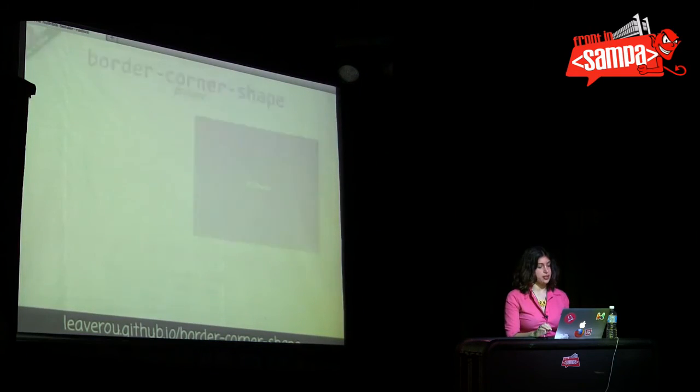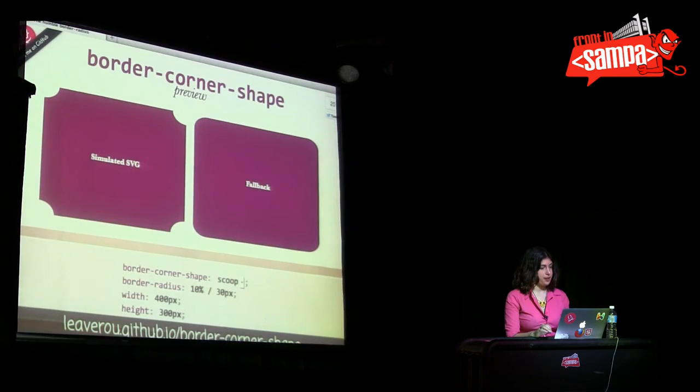There is a property called border-corner-shape. Border-corner-shape, I didn't come up with that property. Elika Etemad did, but I think it's a very cool idea. Border-corner-shape will use the values from border radius to create many different shapes. The default shape is curve, which is what border radius does today.